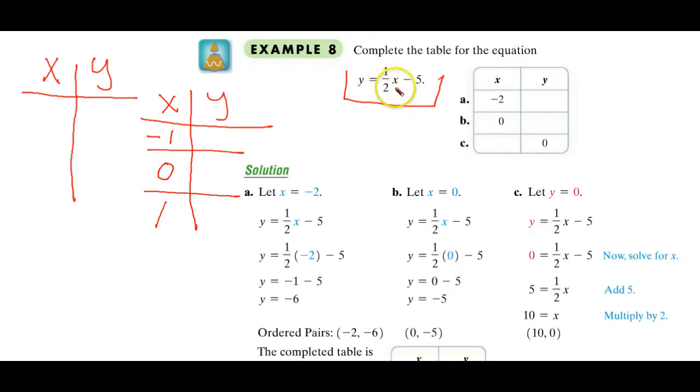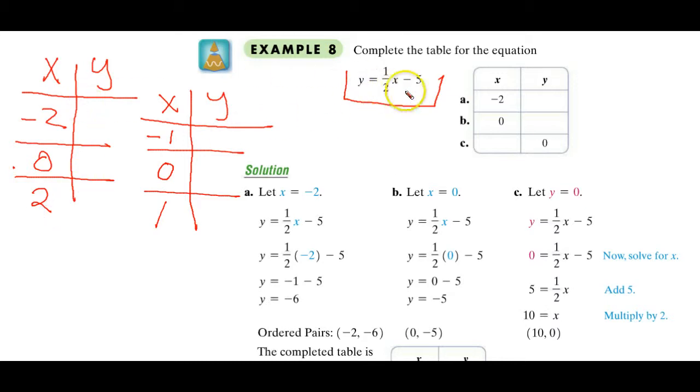Why not? Well, because of the 2 here, you're going to end up with a fraction. So when you see that there is a fraction somewhere in there for your x value, choose a number like negative 2 and always a 0 and a positive 2 because of that fraction being there.